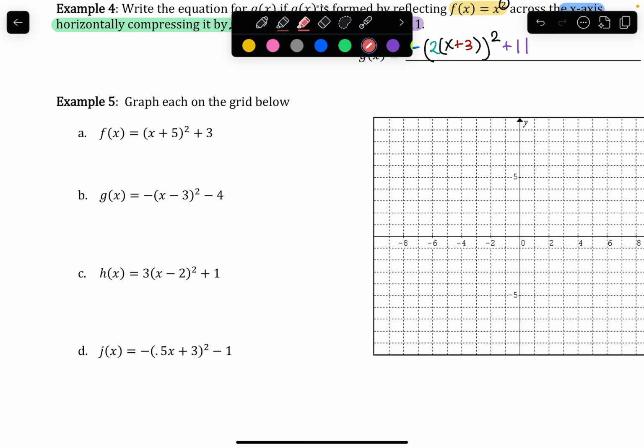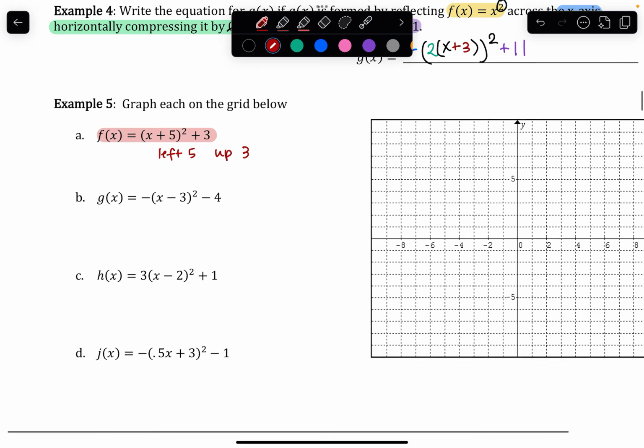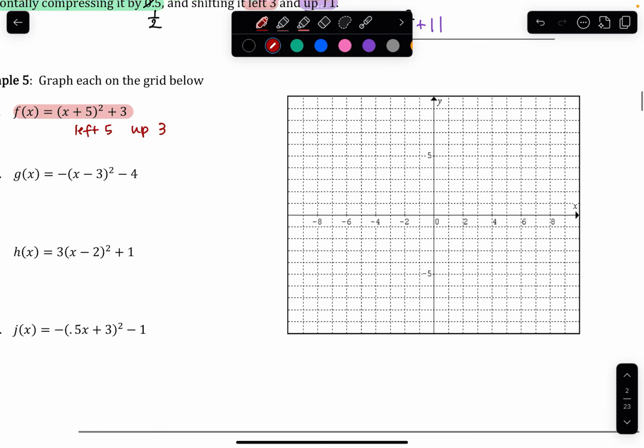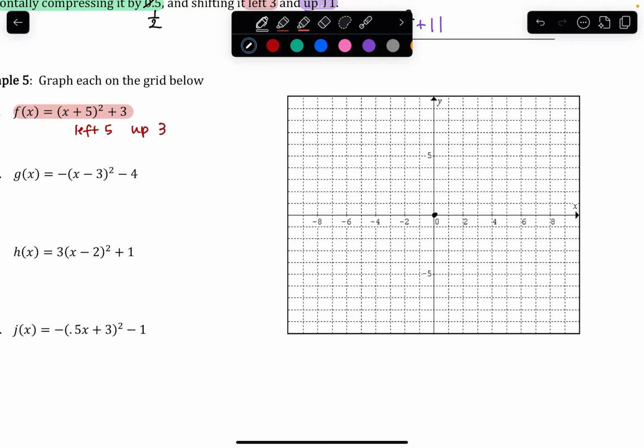Okay, so starting simple, we have (x + 5) squared + 3. 2 transformations, left 5, up 3. Okay, and so just to put our parent function on the grid, remember it's (0, 0), (1, 1), (2, 4), (-2, 4).